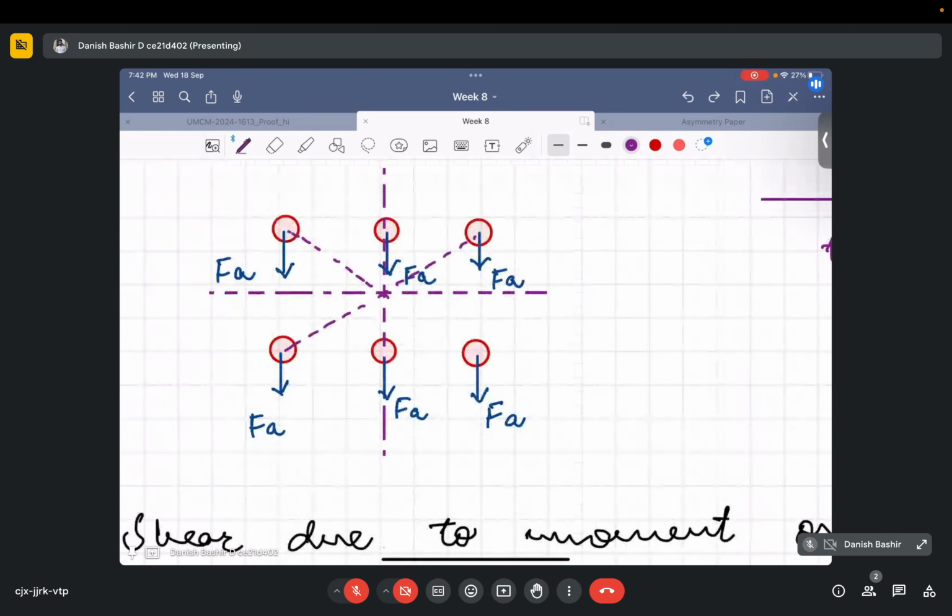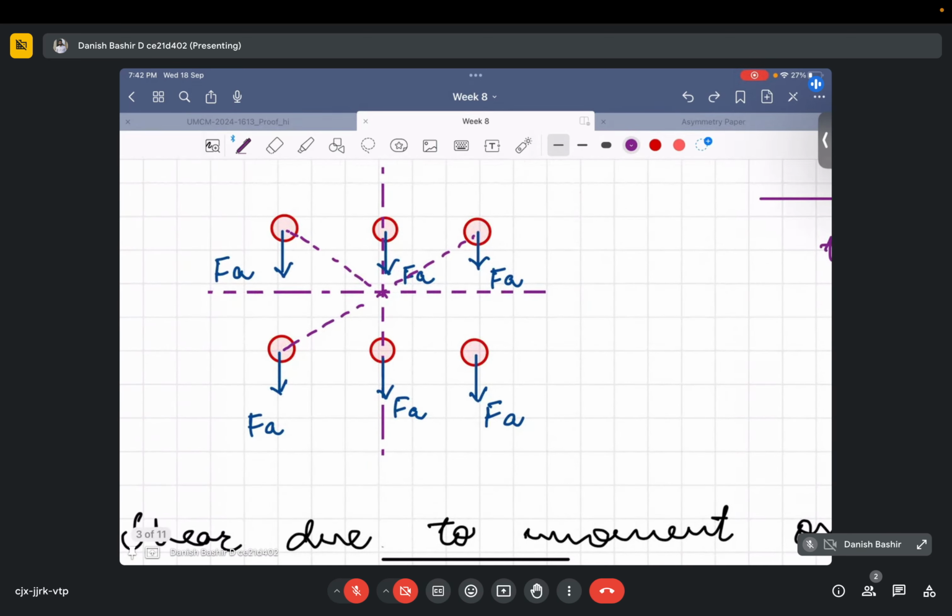I'm making it a little enlarged. The shear force will be perpendicular to the radial direction, and this is Fm.